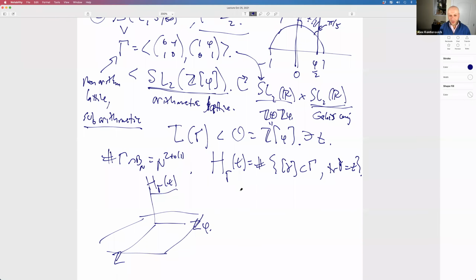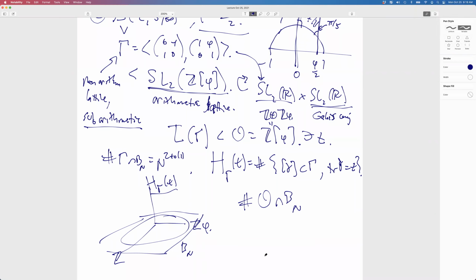Well, the number of T in this ring in a ball of size n. Let's see if people are awake. So I have a quadratic ring. How many T's will I have in some ball? In a fixed ball, in a ball of radius n.